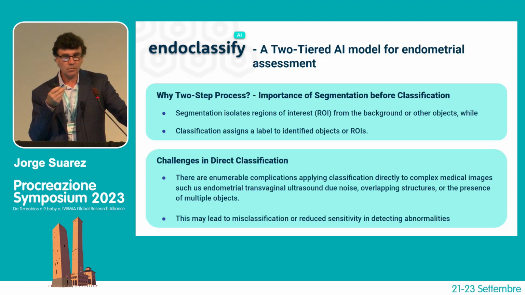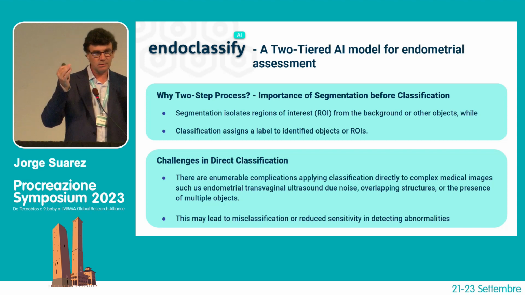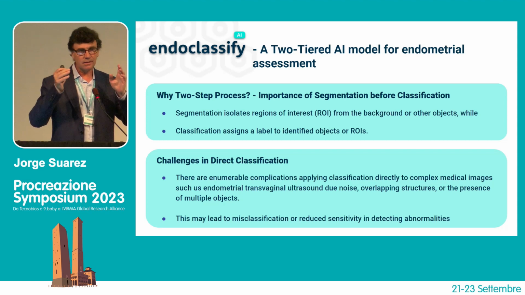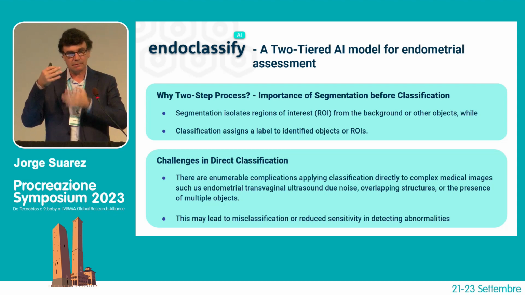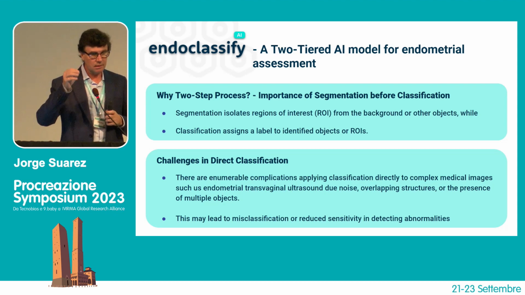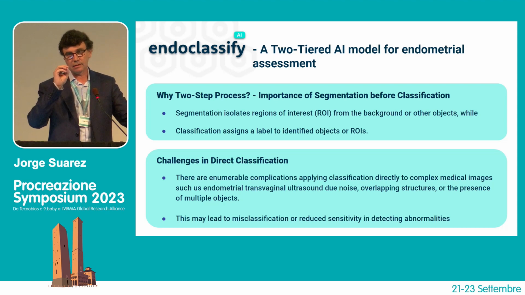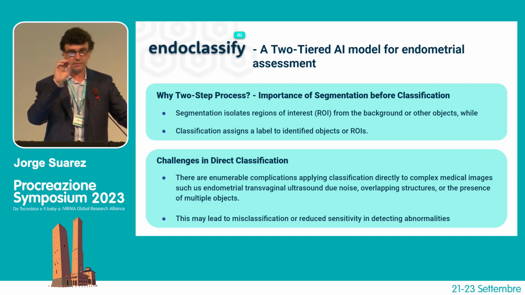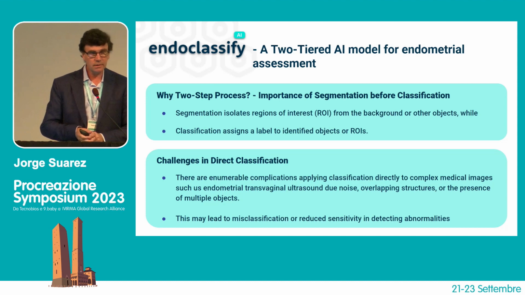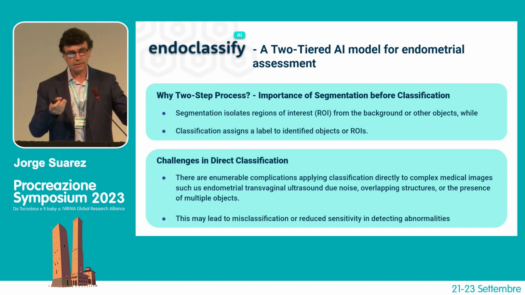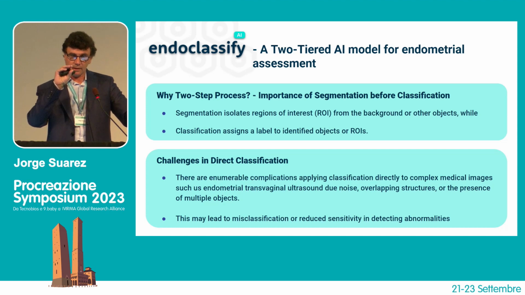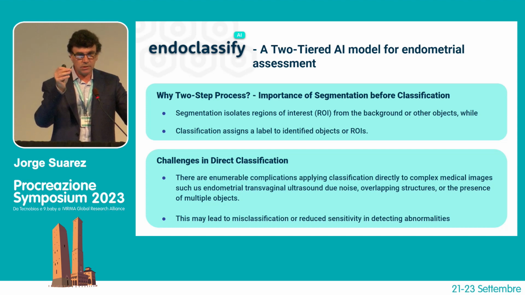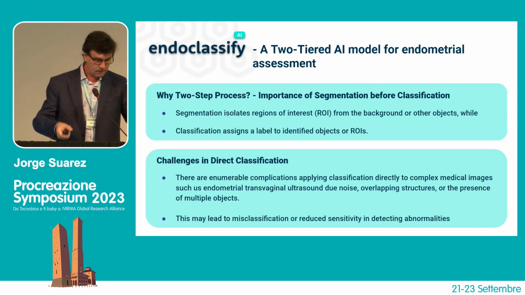What are you classifying? Because the ultrasound image is very confusing, with similar colors and similar structures, but the endometrium in its trilaminar configuration is very particular. And we teach the artificial intelligence to identify the endometrium in any position on the screen.